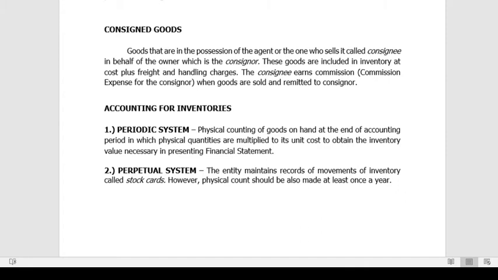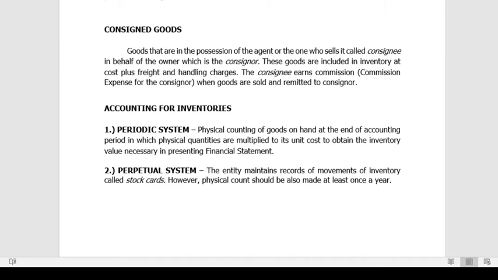So, kung sino yung may-ari, ang tawag sa kanya ay consignor. Kung sino yung pinaglagakan o yung makaka-receive ng komisyon, siya yung consignee naman. So, under the accounting for inventories, consigned goods are reported as inventory on the part of the consignor, because the consignor is the owner of the goods.